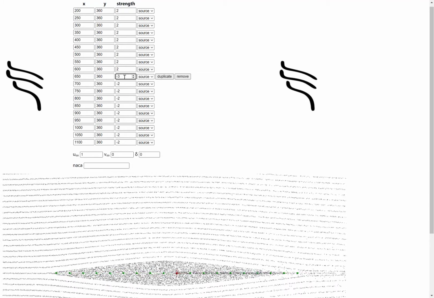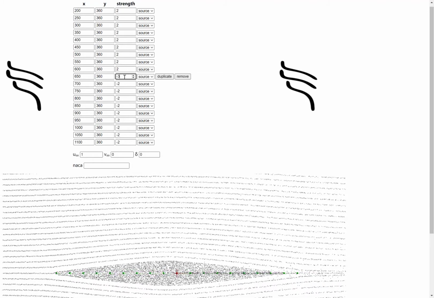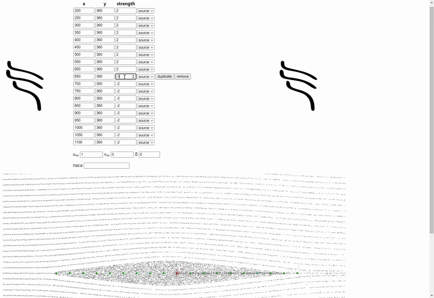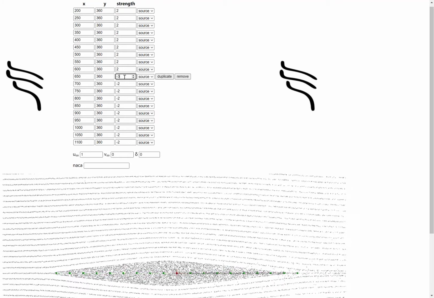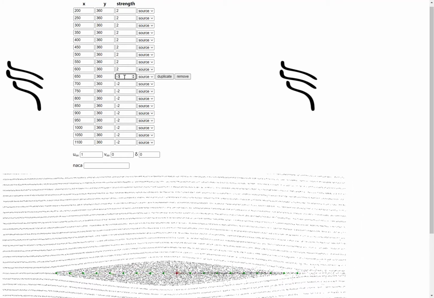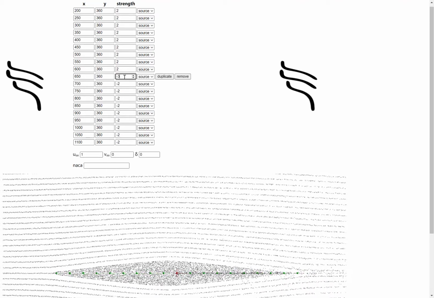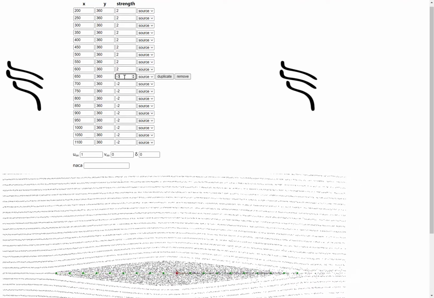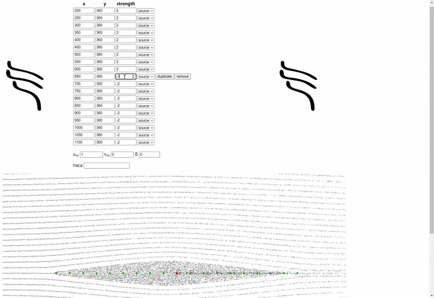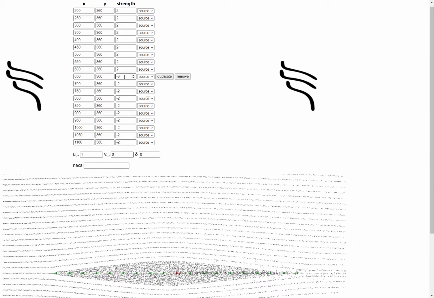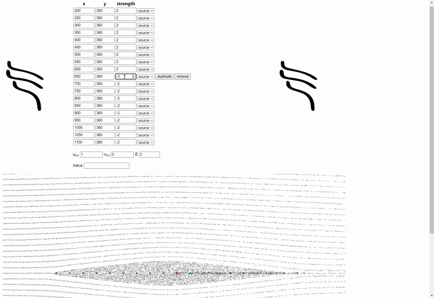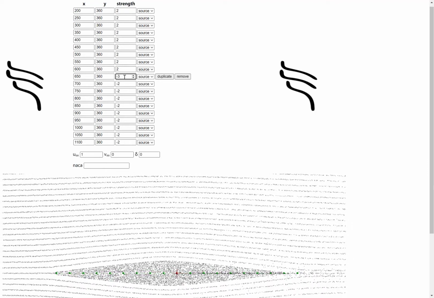If you draw a control volume around just a free stream, there should be no mass flux. If you draw a control volume just around this source, you should get a mass flux out of that control volume with a total mass flux rate of 2. If you draw around these two sources, you should get a mass flux of 4.